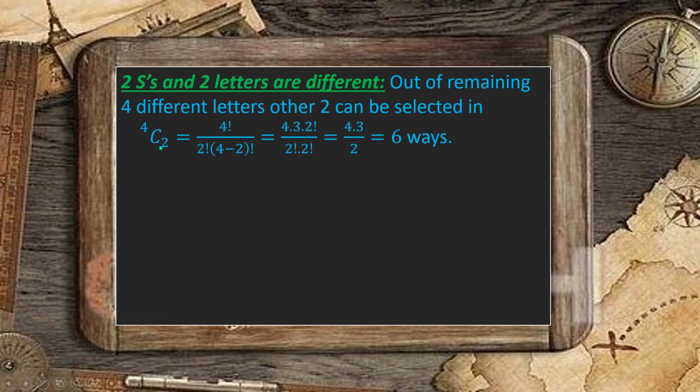Other 2 means, as 2 S is fixed, we have to take another 2, but from 4 different letters, because other than 2 S, the 4 different letters are T, H, E and I, and the total is 6 ways. After calculating, we'll get this.